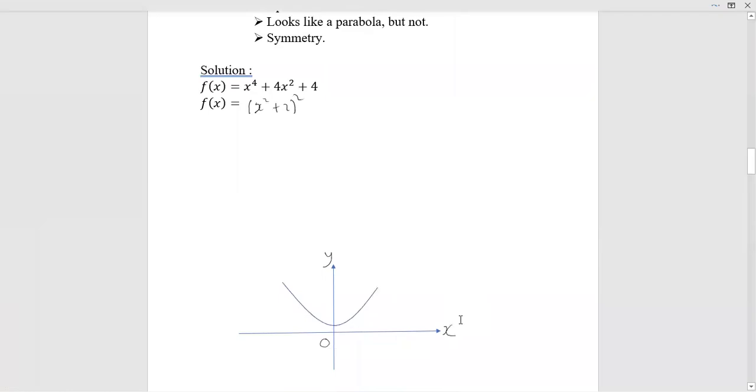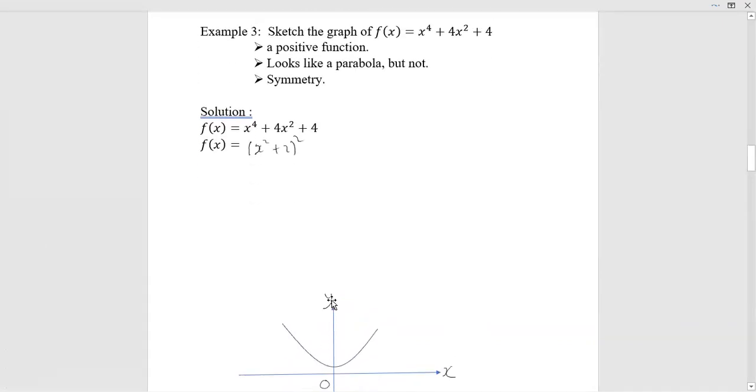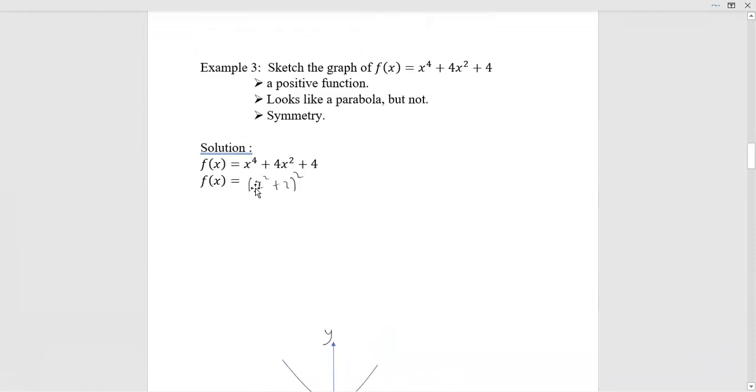Yeah, moving. Okay, now if we do the graph of this, we get this shape, but I didn't discuss it.